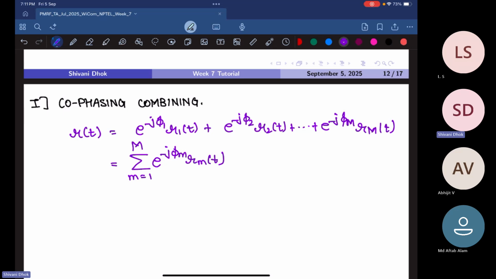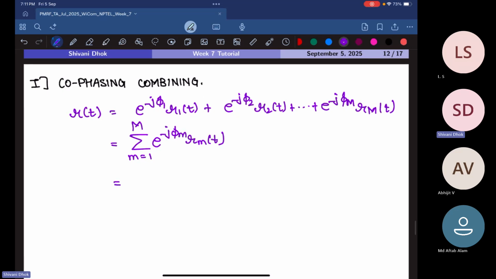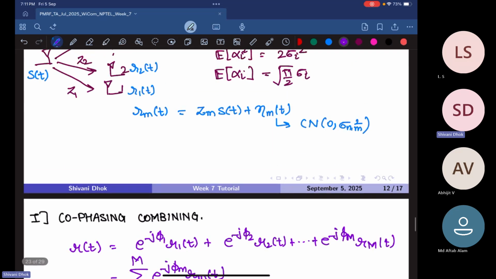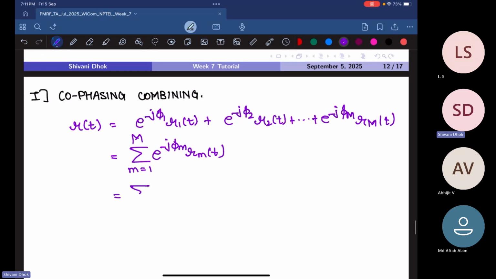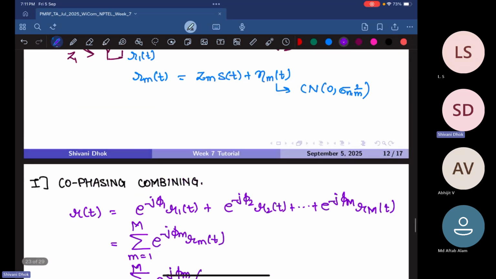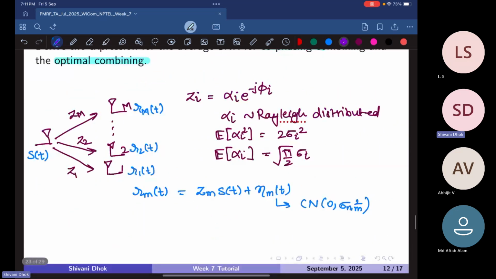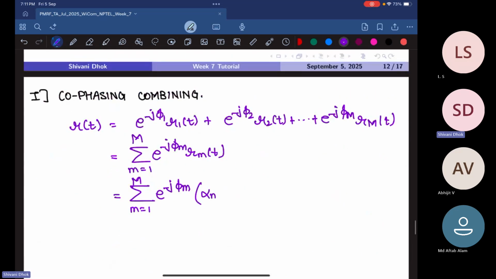Now I can substitute Rm of t in this. So what I'll get is summation m equal to 1 to capital M e power minus j phi m into Rm of t, where Zm I'll write as alpha m into e power j phi m.